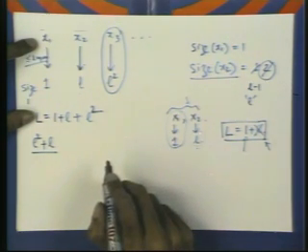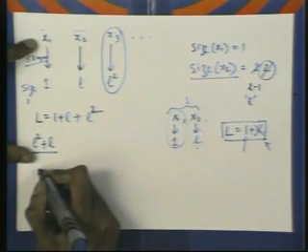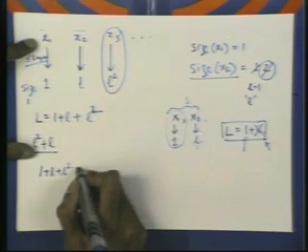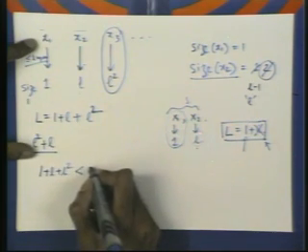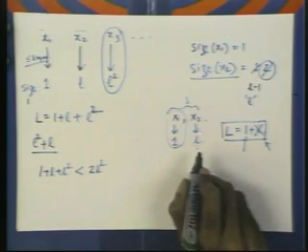There cannot exist two copies of x3. That I can make sure by stating that 1 plus L squared should be less than 2L squared, and for reasonable L's this is satisfied.